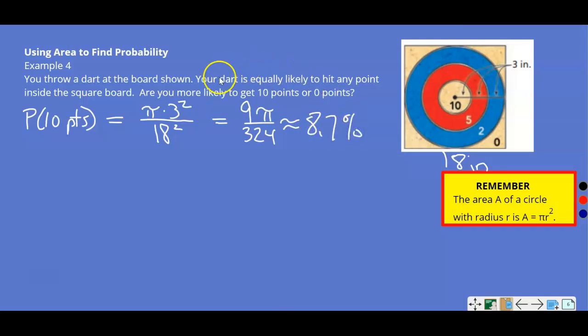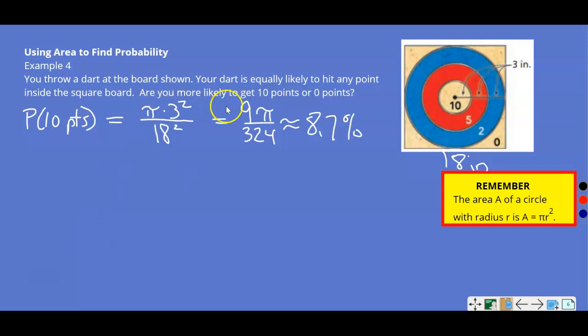So if you're throwing darts, landing on this 10-point section here, obviously if you practice, you should hit the center more, but if it says it's equally likely to hit any point, that means you have about an 8.7% chance that you hit the 10-point area there.